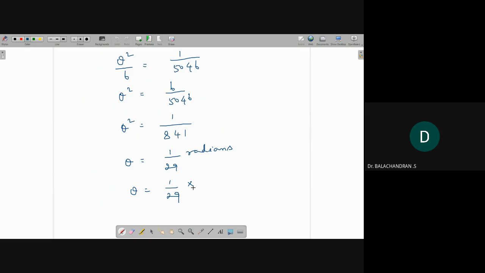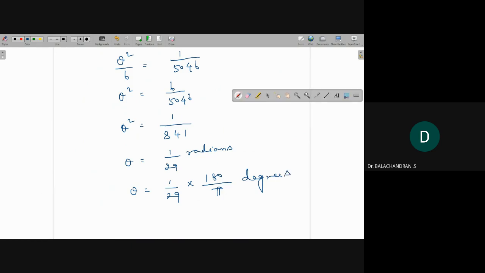I'm converting into degrees, so you should multiply 1 by 29 into 180 divided by pi. So now use the calculator. Theta equal to 180 divided by 29 pi degrees.